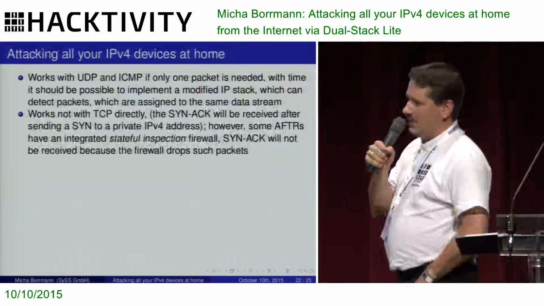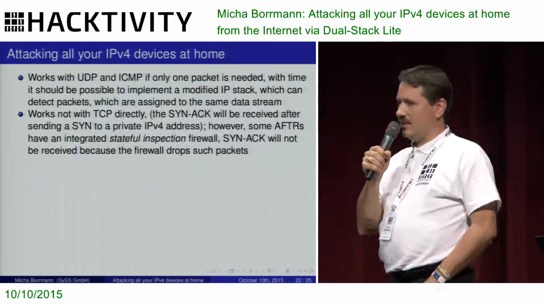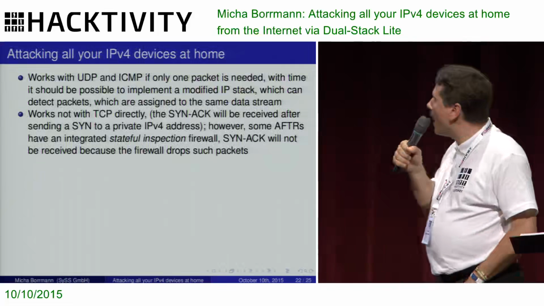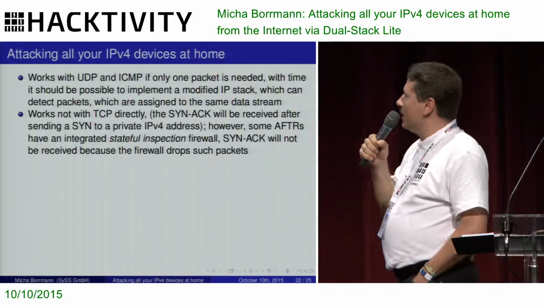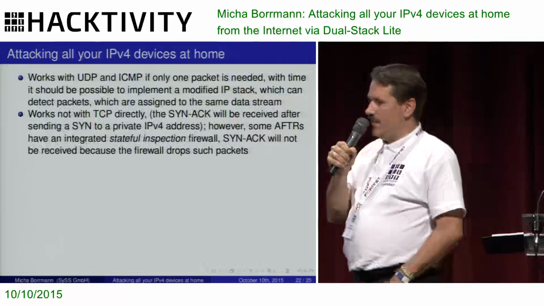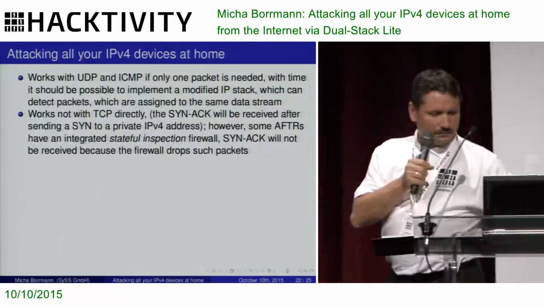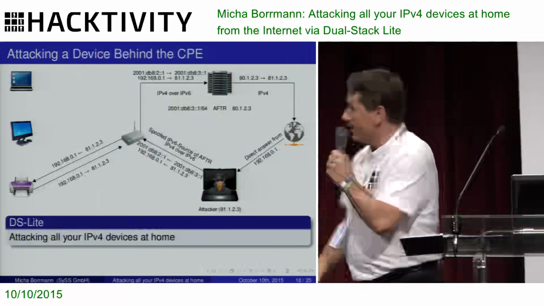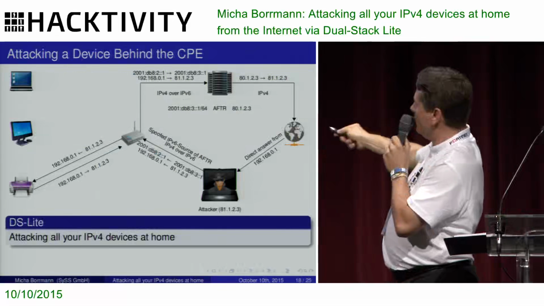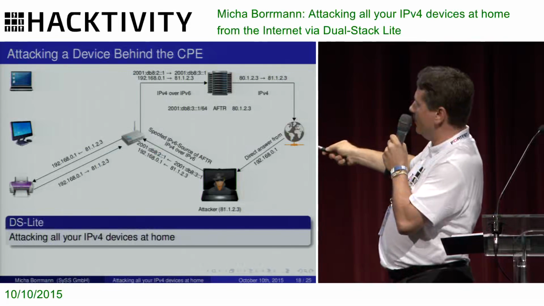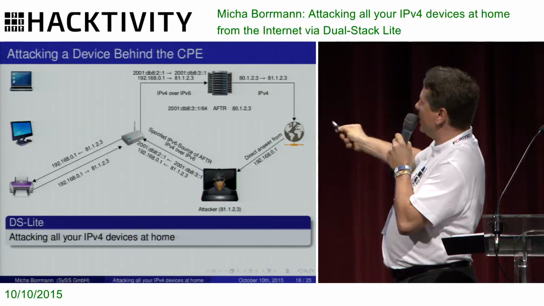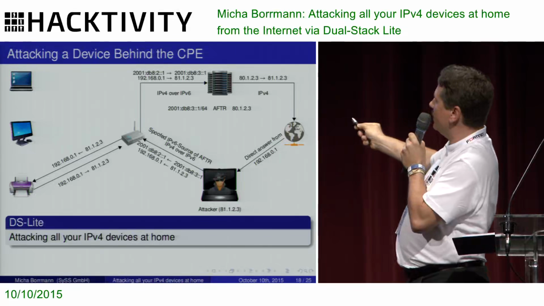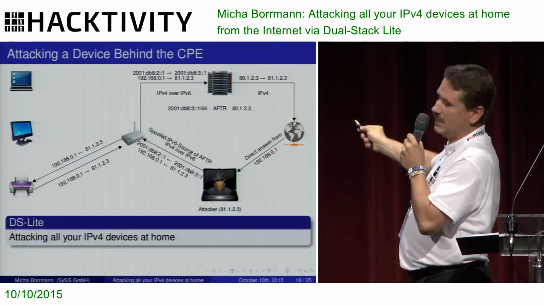It does not work with TCP directly, at least because there's a three-way handshake. And some AFTRs have an integrated stateful inspection firewall. It means if you send here a SYN packet to start the three-way handshake, this device sends a SYN-ACK packet to the AFTR, but the stateful inspection firewall here drops this packet.